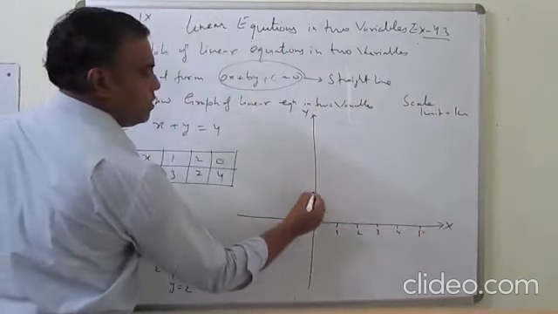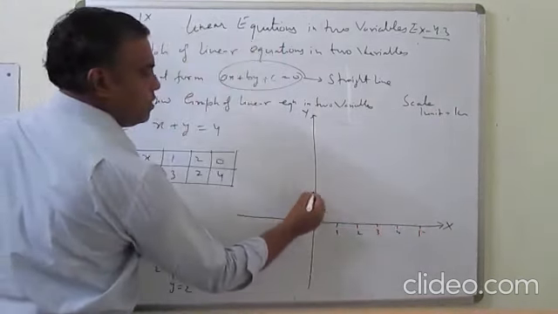Now the first point, you know, is 1 comma 3: x is 1, y is 3. ऐसे भी लिखते हैं, इसको ordered pair बोलते हैं. फर्स्ट पॉइंट इज ऑलवेज रिप्रेजेंट फॉर x एक्सिस एंड सेकंड पॉइंट इज ऑलवेज रिप्रेजेंट फॉर y एक्सिस.